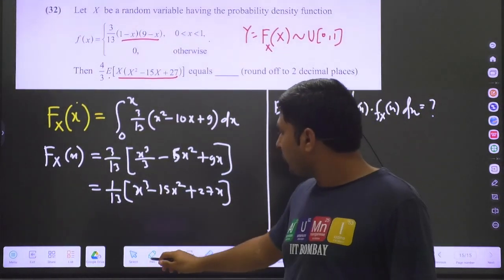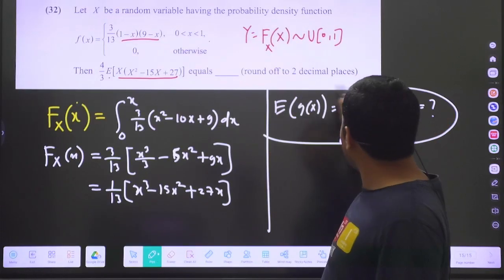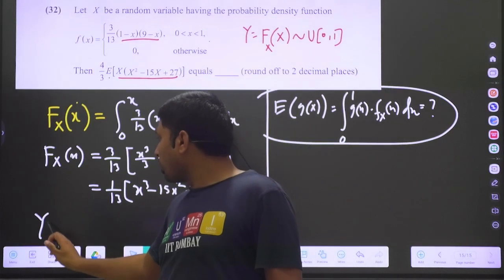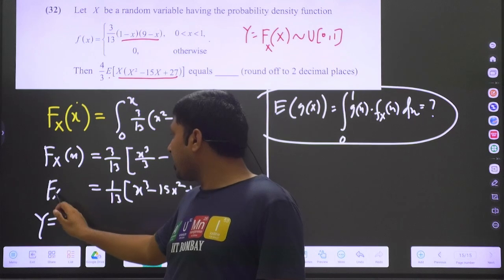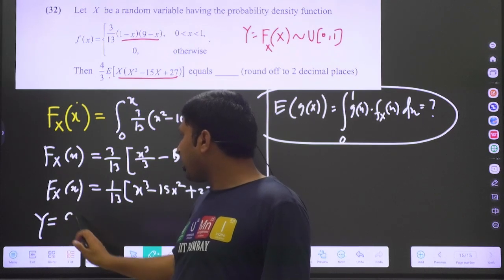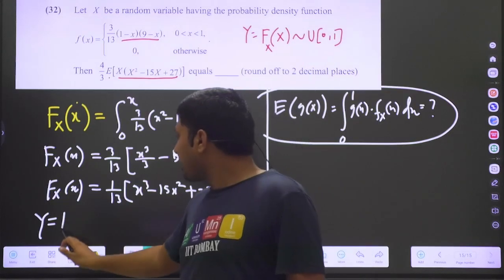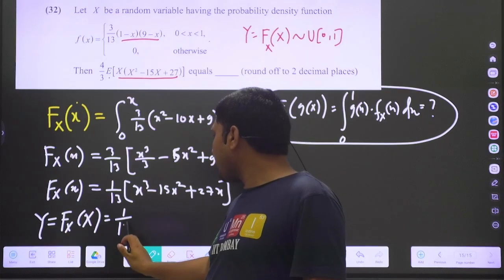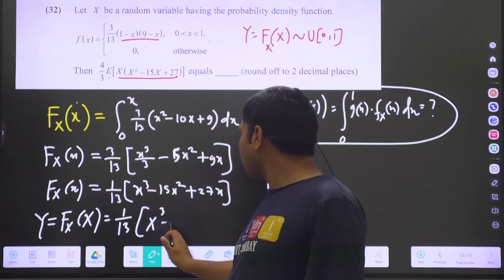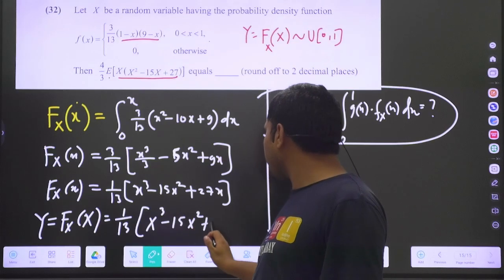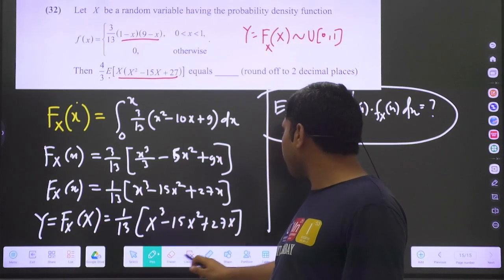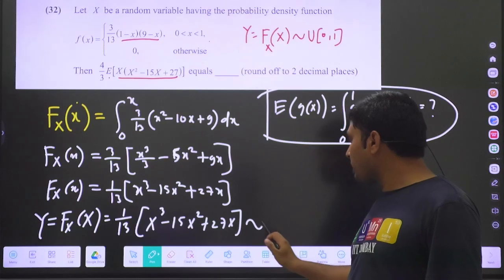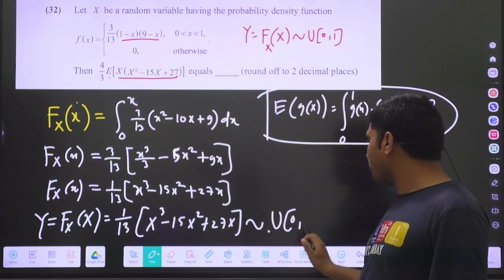So what I'm claiming is this is one way you may go through this. If I define y as the CDF of x in terms of x, that is 1 by 13 times x cube minus 15x square plus 27x, and this will have distribution uniform 0, 1.